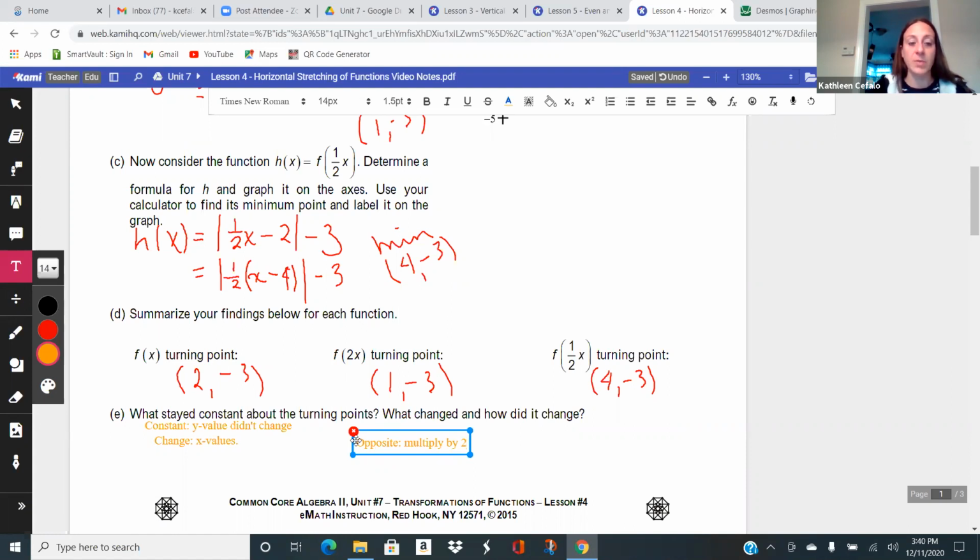Like that second example we had, the f of 2x, when I multiplied it by 2, it really divided by 2. Okay. And in that next one that we had, that part C, that f of 1/2 x, when we multiplied by 1/2, that really divided by 1/2.